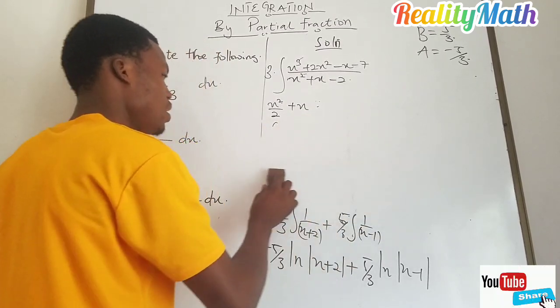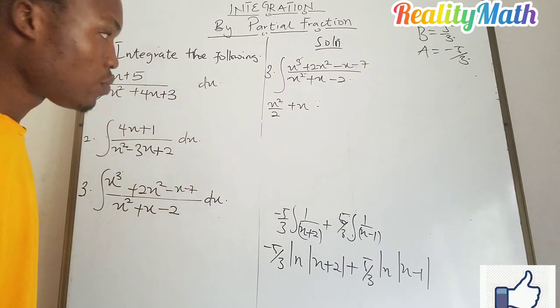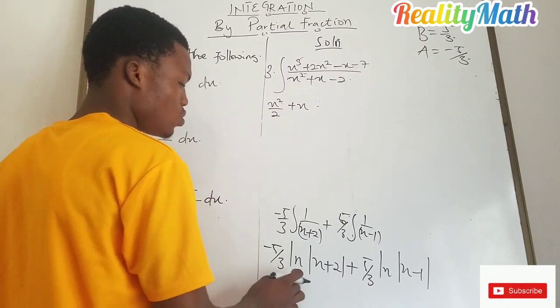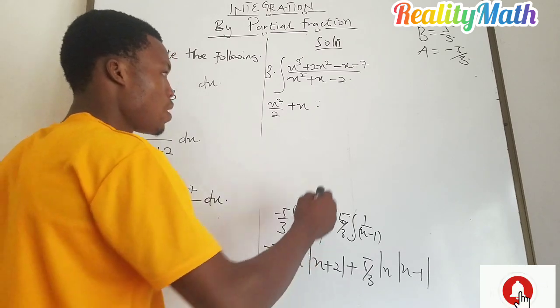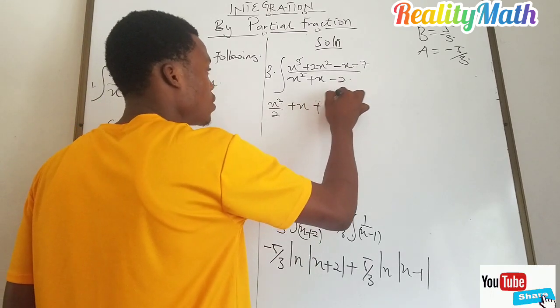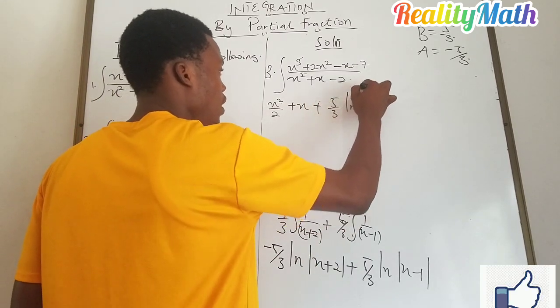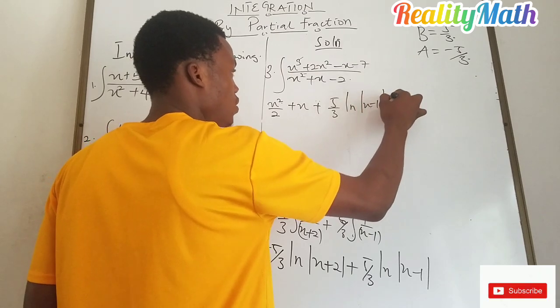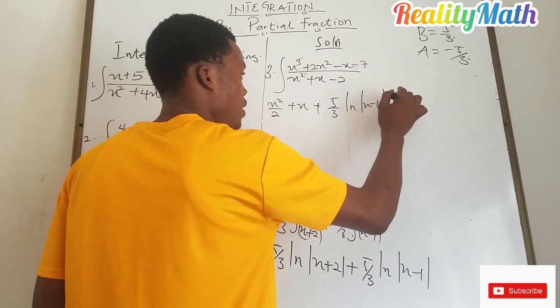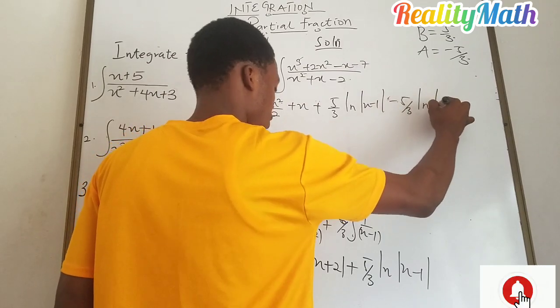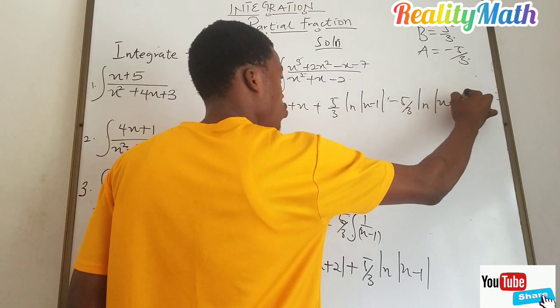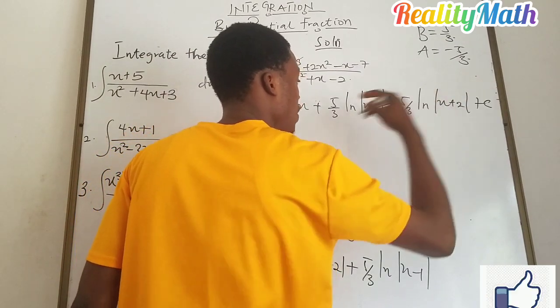We are going to get our, so this is going to be, let's bring the positive sign first. It's going to be plus 5 over 3 ln of x minus 1 minus 5 over 3 the ln of x plus 2 plus some constant c.